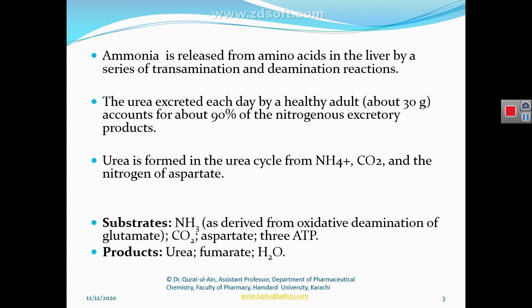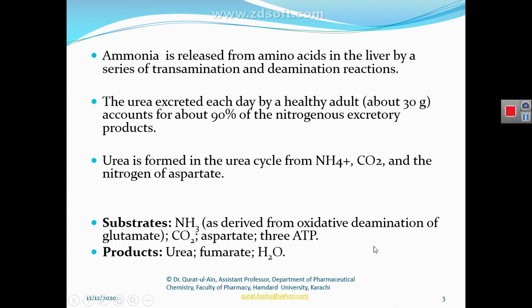And you also have to know that whenever we eat protein and it is metabolized, approximately 90% of its end products are in the form of nitrogenous compounds, because amino acids contain nitrogen atoms in the form of amine groups. Of these nitrogenous excretory products, 30 grams contain ammonia.